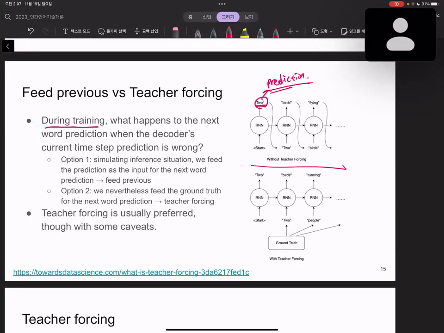And that is really bad, because we want to train our model with accurate information. But due to the architecture of the RNN, the error can propagate.